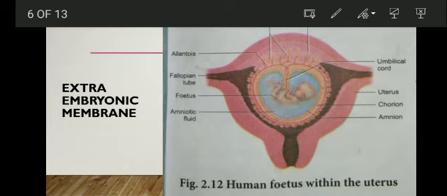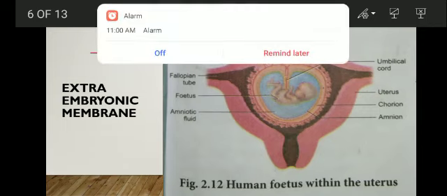It starts forming at the end of the yolk sac. It is the structural base of the umbilical cord, which links the embryo to the placenta, and ultimately it becomes a part of the urinary bladder.